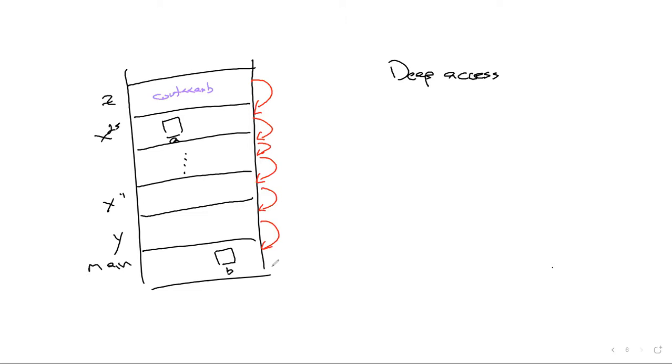Now, even once I get to the correct frame, where within the frame is the variable? What is the offset? The compiler can't know that either, because it doesn't know which of the variables you're going to use.